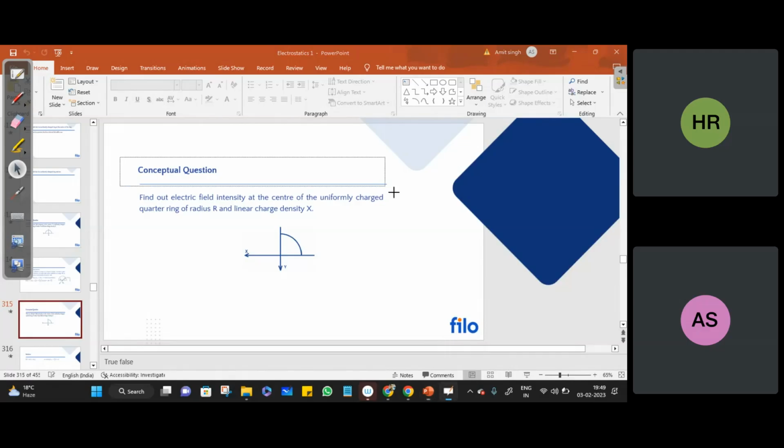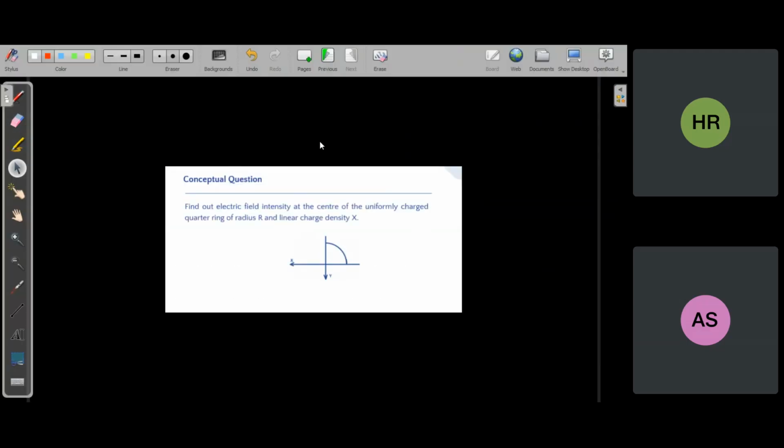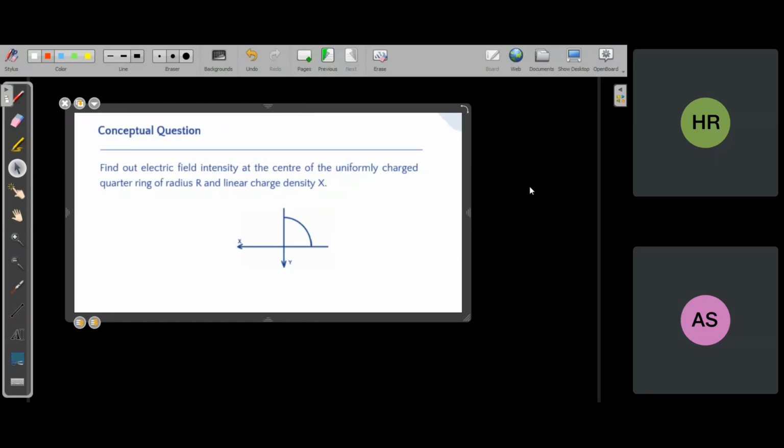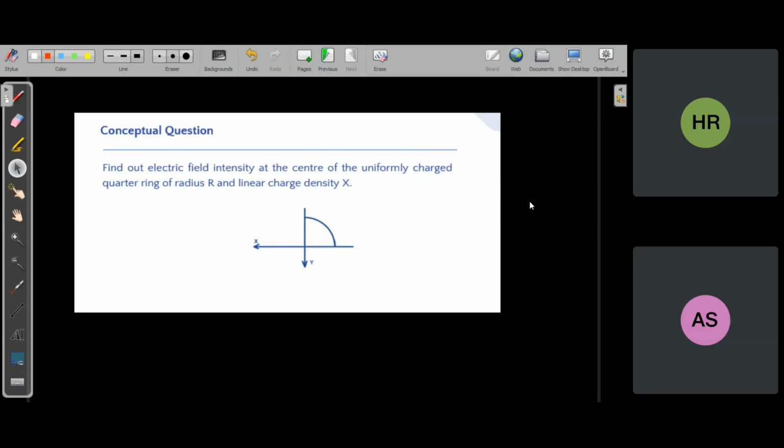If this is the question, then what will you do? The limit will be from 0 to pi by 2 for the integration. And which component will you integrate? Which component will get cancelled here?